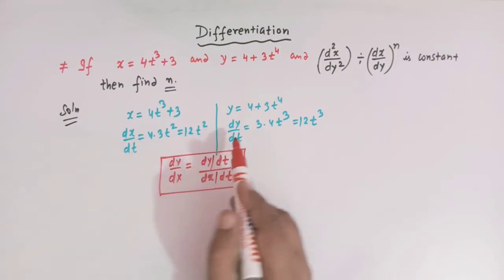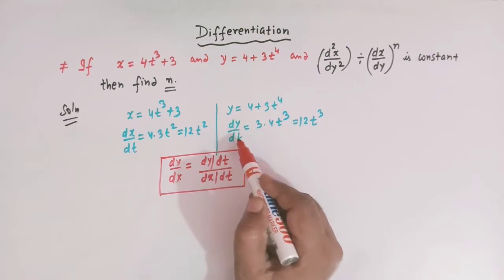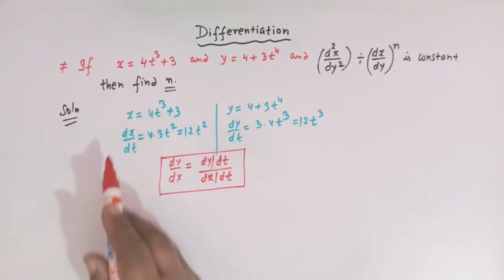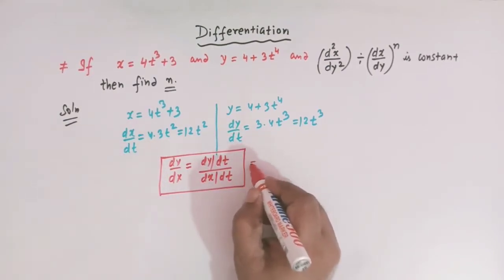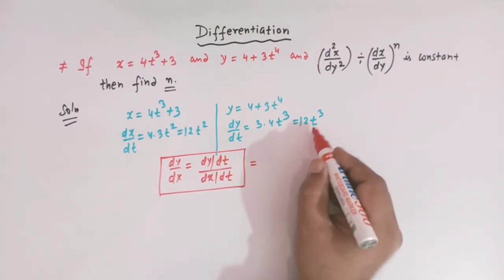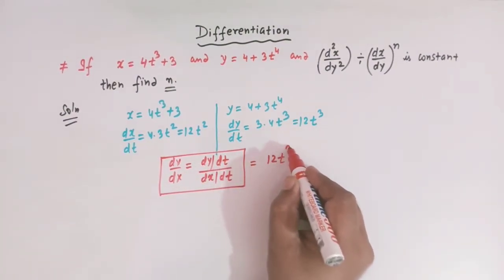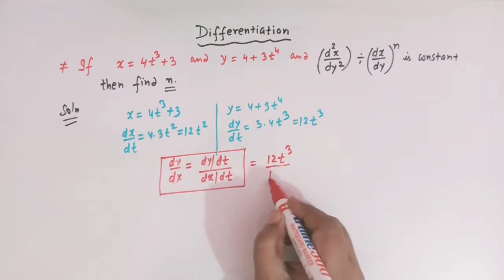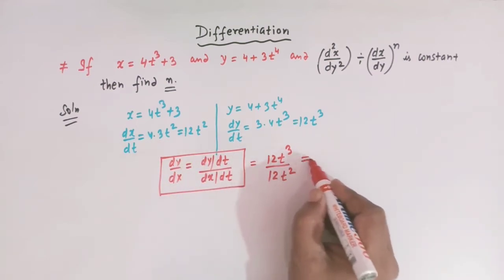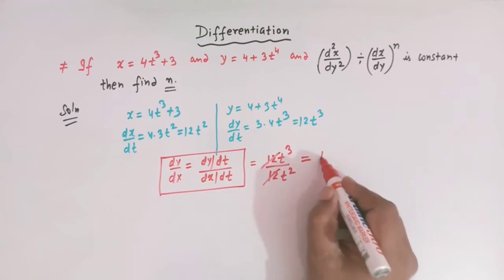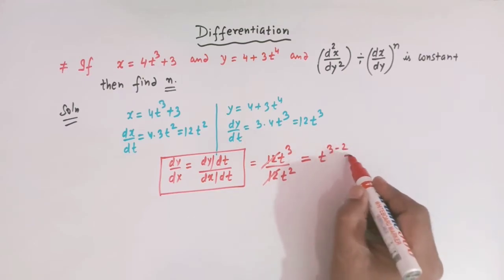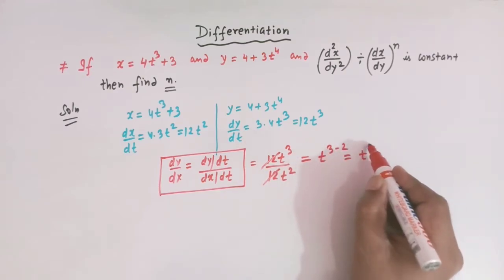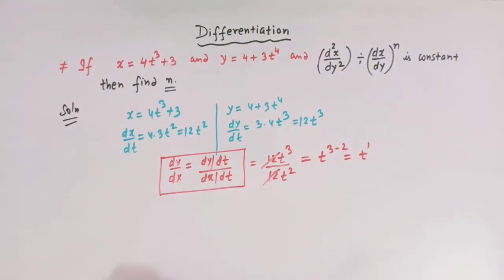Once we have obtained the derivatives of y and x with respect to t, dy/dt is 12t³ and dx/dt is 12t². Here 12 and 12 get cancelled, and we have t to the power 3 minus 2, that is t¹. So dy/dx is equal to t.